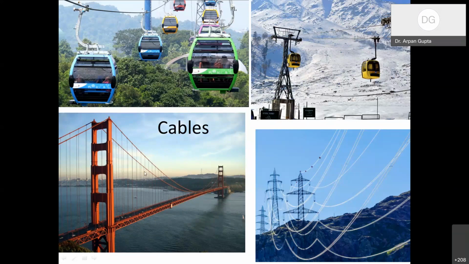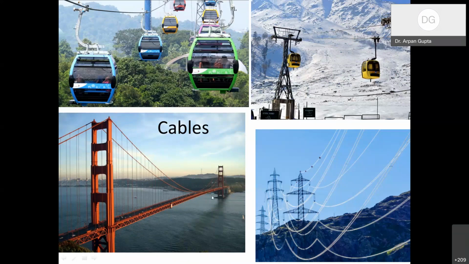The interesting thing is that this is the cable that you can see, and there is a uniformly distributed load from the road. These cables support very heavy loads, and we will try to analyze this cable, again the tension, the shape, and so on.